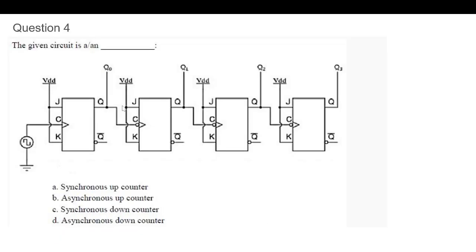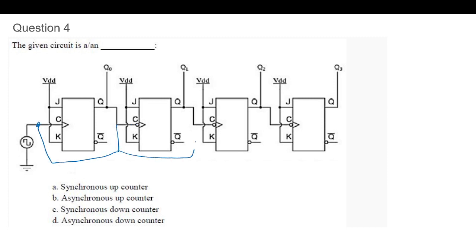So next we will solve one question. The given circuit is an up or down, synchronous or asynchronous counter? So first, is it synchronous counter or asynchronous counter? Asynchronous. This clock, I'm not connecting to this particular clock.